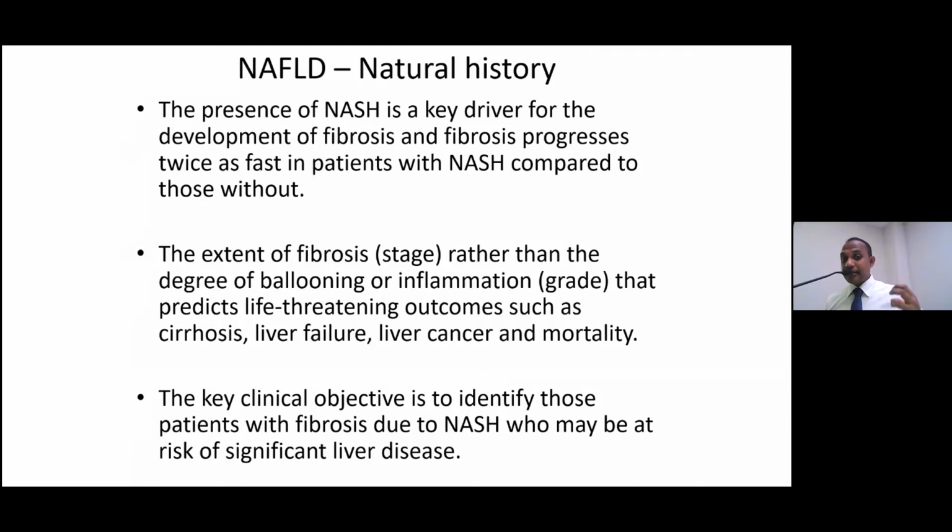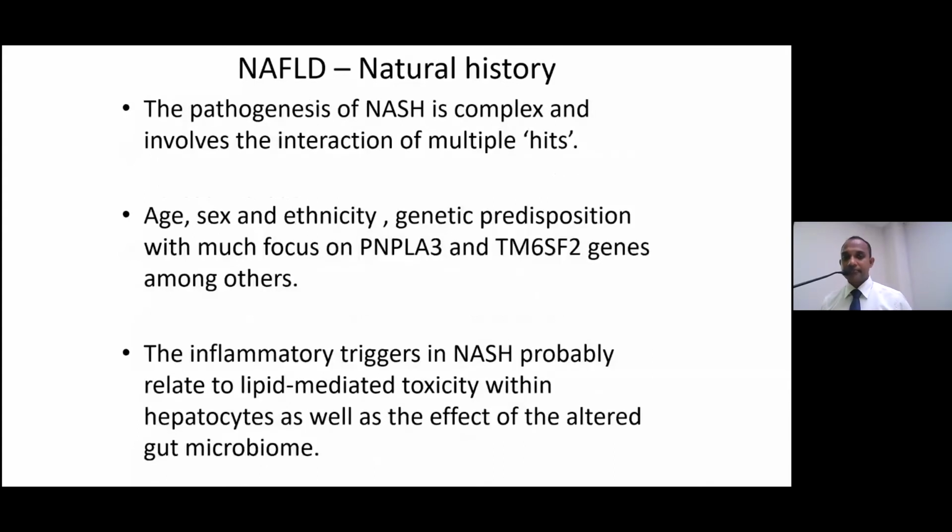So then it's understood that the main clinical objective is to identify those with fibrosis due to NASH who may be at a risk of significant liver disease. So pathogenesis of NASH is complex, and it involves a multi-hit process. It's not a single thing.